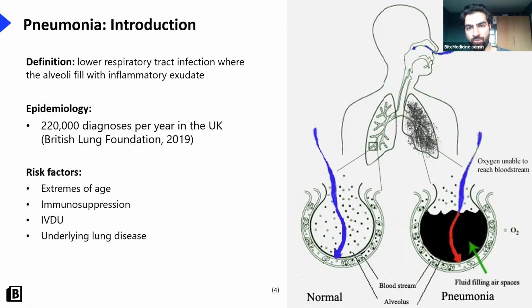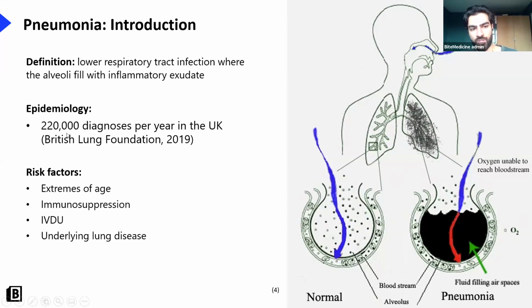And also, this is the reason why patients have consolidation on their chest x-ray. Because when you have fluid, which is inflammatory cells, debris, inflammatory exudate filling the airways, you get this white patchy opacity on the chest x-ray, and that's known as consolidation.